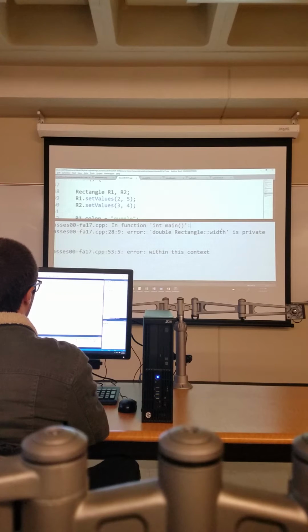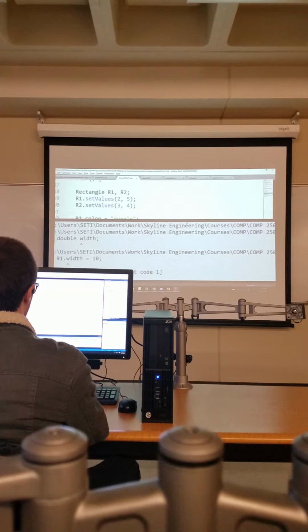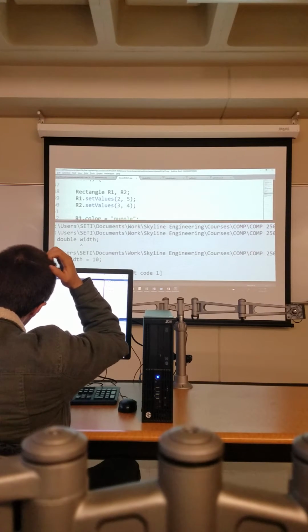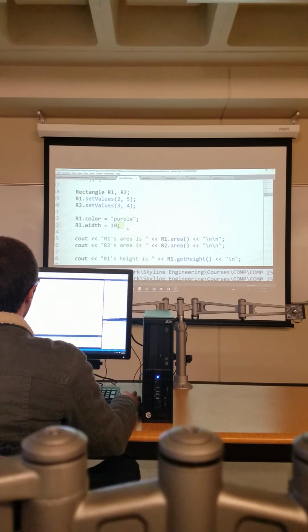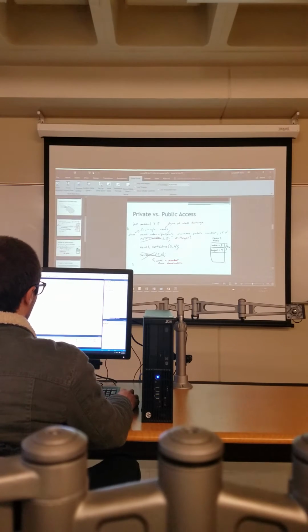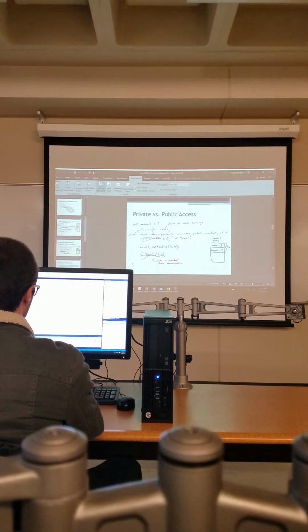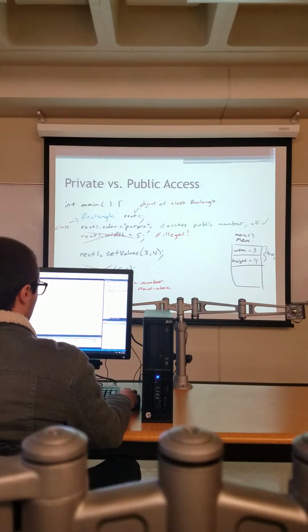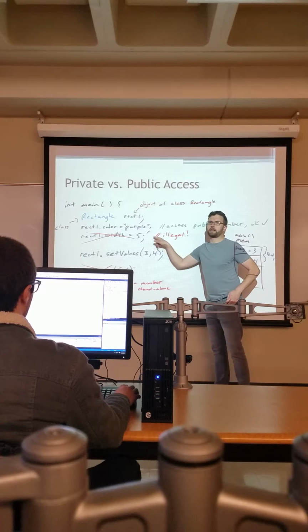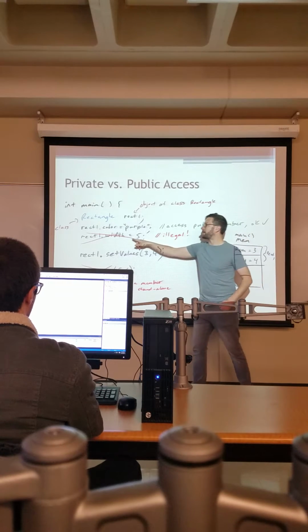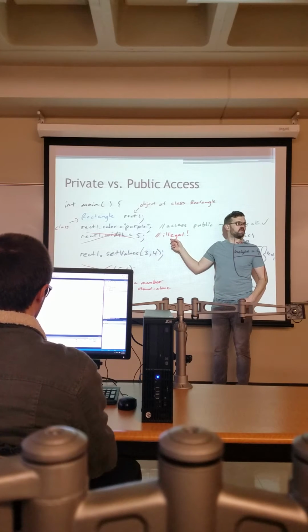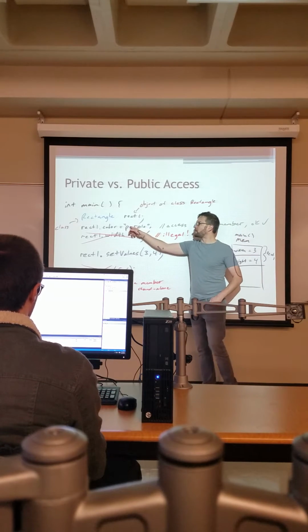This is a private variable that you can't adjust outside main. So what we're seeing is that if you try to access a private member, this will give you a compiler error. And if you access public members, that's okay.